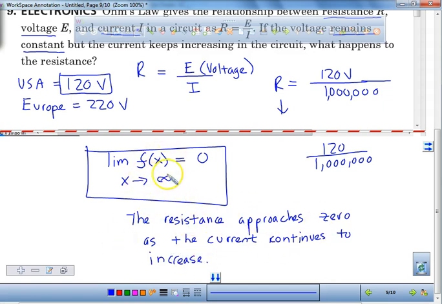These words right here are basically what this means, okay? As it continues to increase towards what? Towards infinity. As that goes towards infinity, your resistance is continuing to get closer and closer to 0.